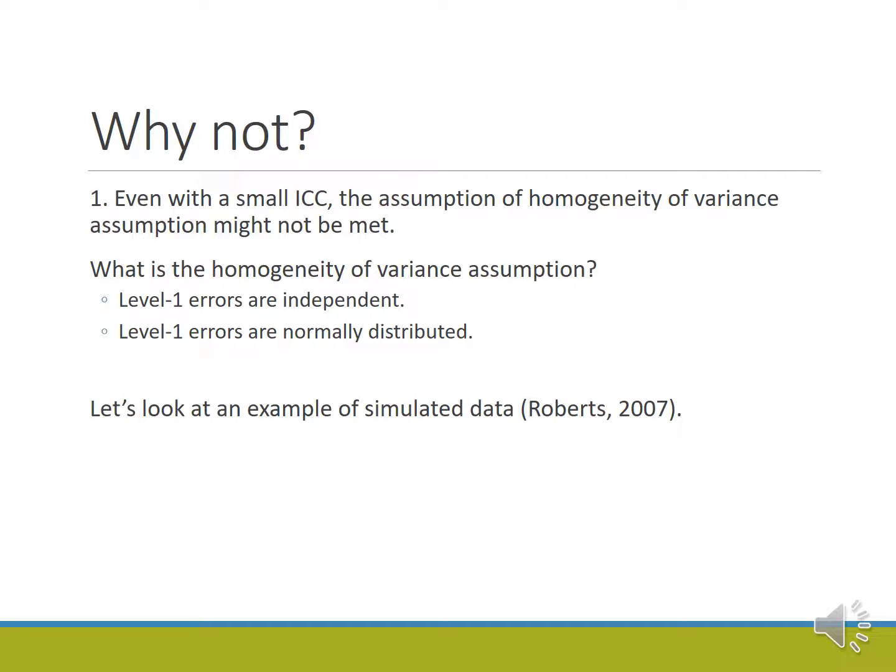The level 1 errors need to be independent of each other, so not dependent upon the cluster. The level 1 errors need to be normally distributed. I found a really nice example that Roberts presented at AERA, the American Educational Research Association, in 2007, where he simulated some data that show unique properties similar to our bootcamp example, how things could actually go really wrong.